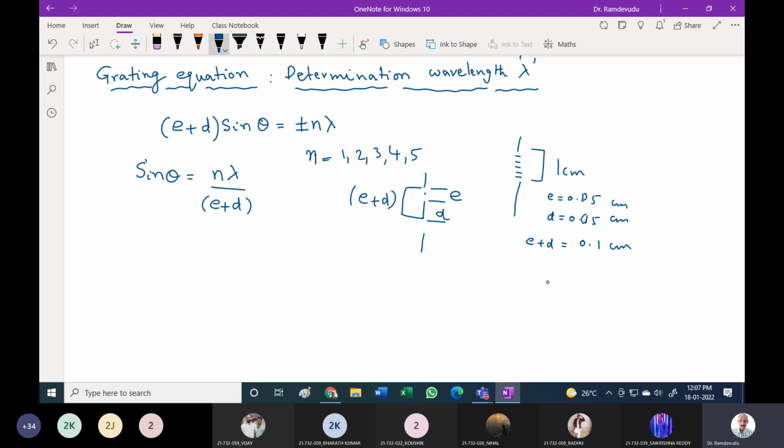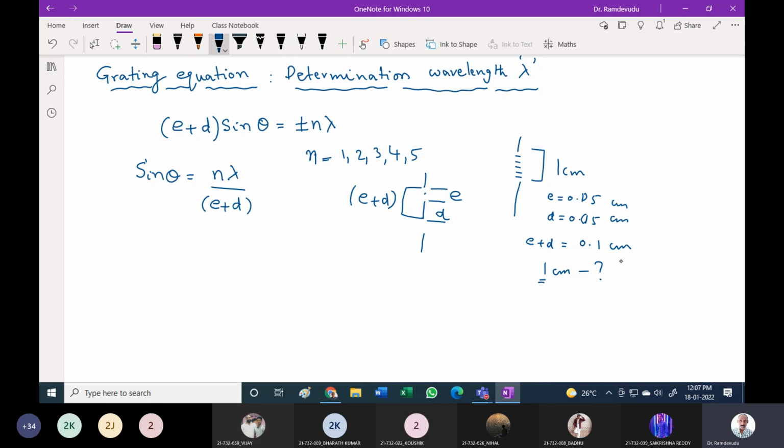If e plus d is 0.1 centimeter, how many openings or closings are there in 1 centimeter? How can you calculate? Anyone, can you tell me? It is nothing but how many e plus d's are there in 1 centimeter.